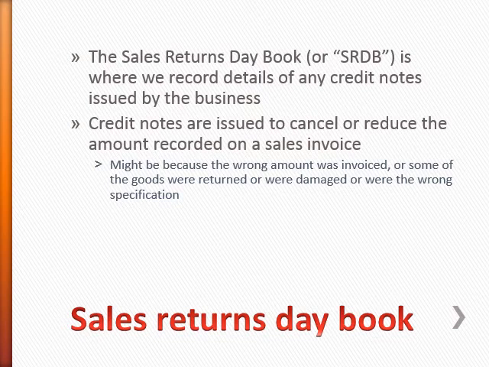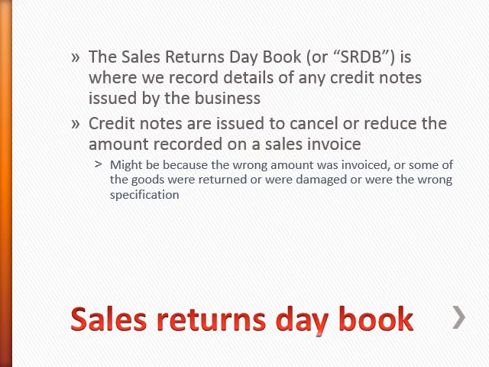It may be that the original invoice was incorrect. It included, say, amounts that had been calculated incorrectly, or had included goods or services that were not in fact supplied. Or it might be that some goods have been returned, perhaps because they were damaged or of the wrong specification.